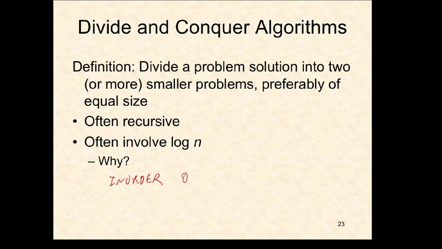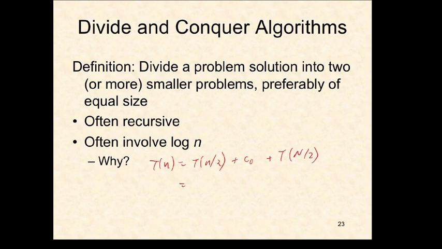So my T of n is equal to T of n over 2 for the left half, plus some constant amount C0 for visiting the current node, like printing it out, plus T of n over 2 for the right half.